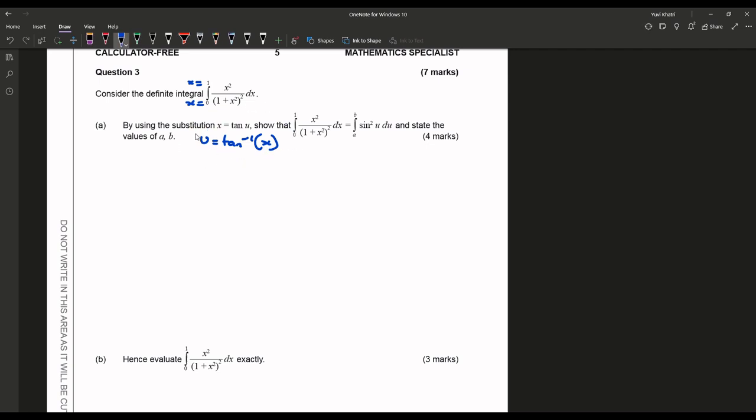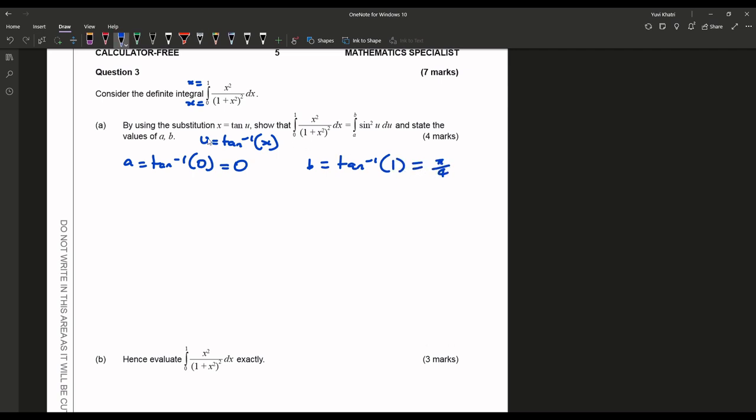The lower bound, a, is inverse tan of 0, and that's 0. And b, the upper bound, is inverse tan of 1, which is pi on 4.